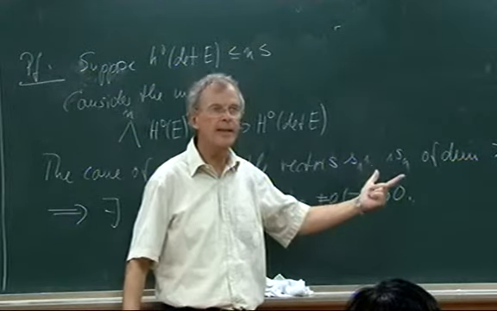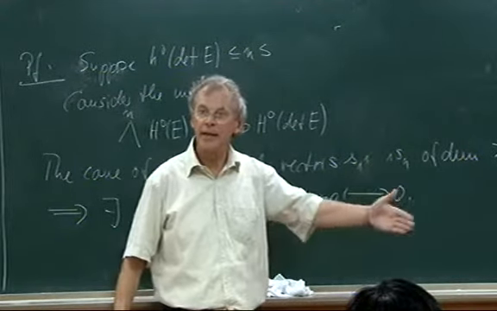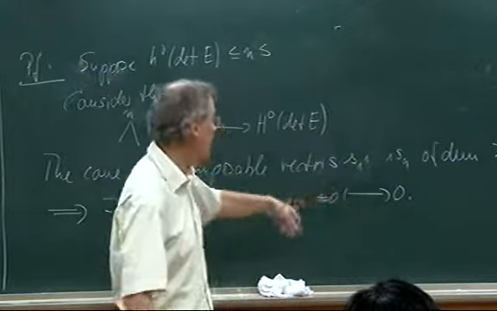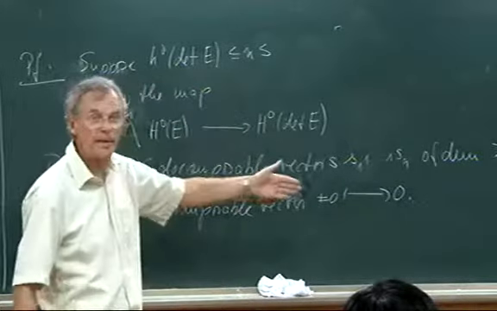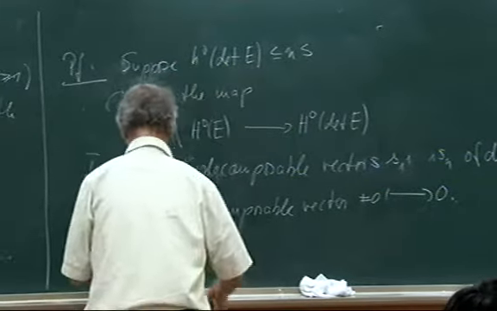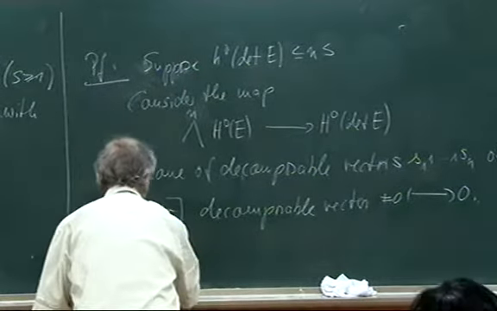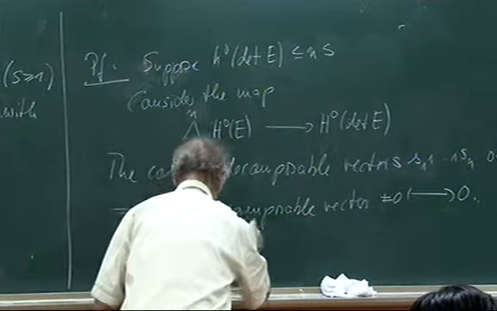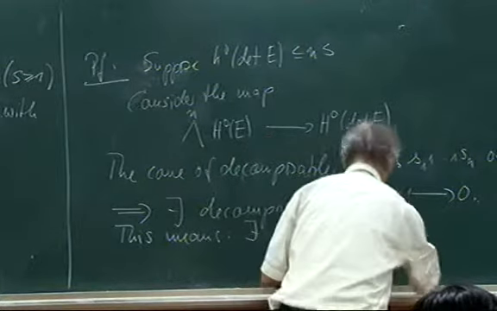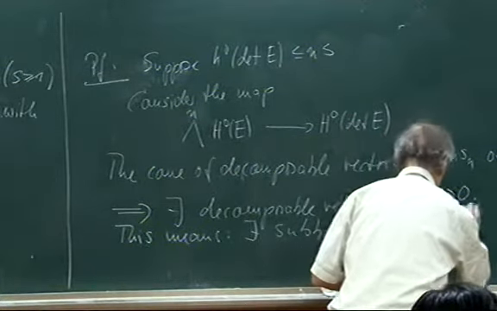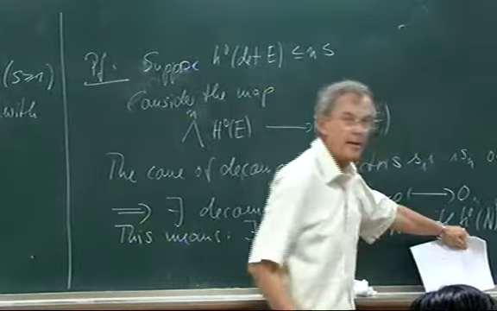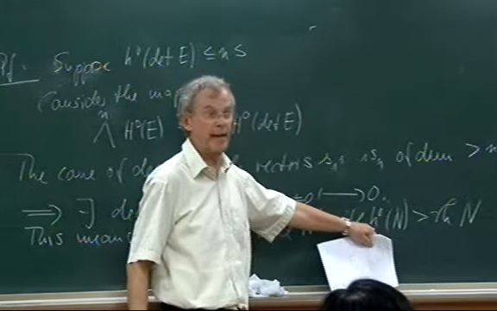If the sections are linearly independent, they generate a subbundle. They generate a subbundle of smaller rank because, I mean, this E cannot be generated by n sections, so this means there exists a subbundle N with H0 of N greater than the rank of N, because this subbundle has rank smaller than n.